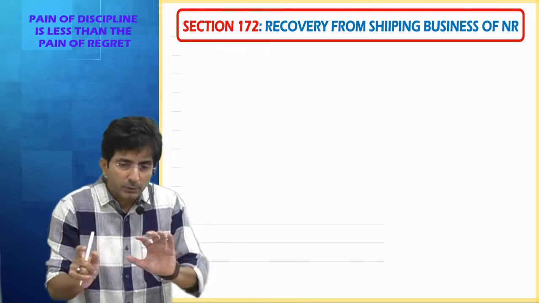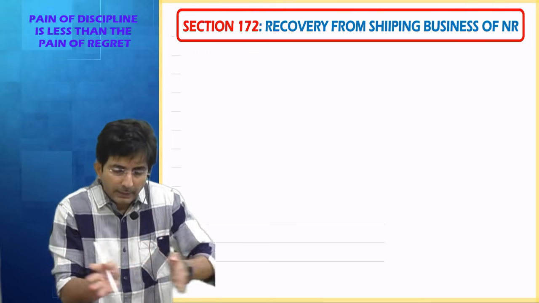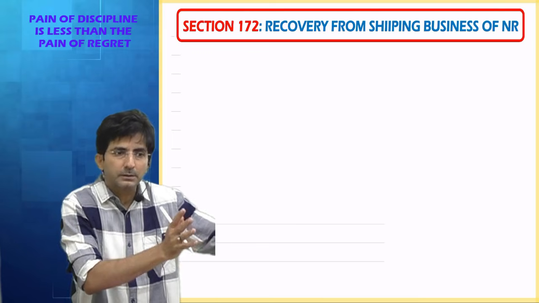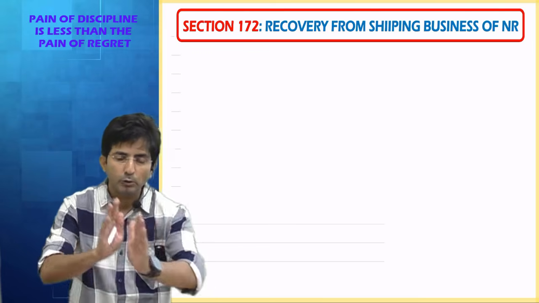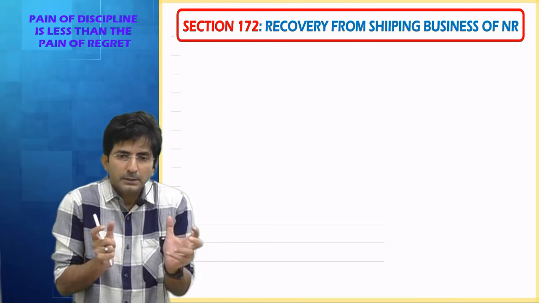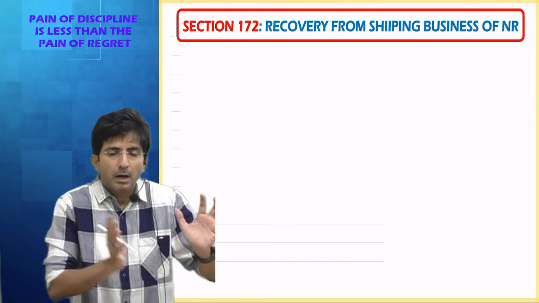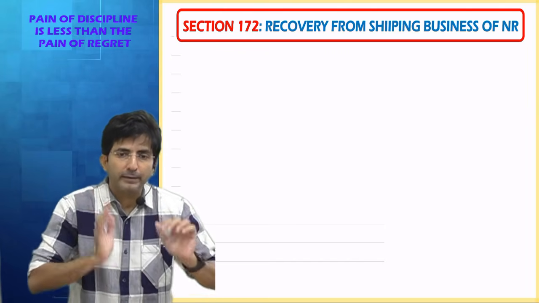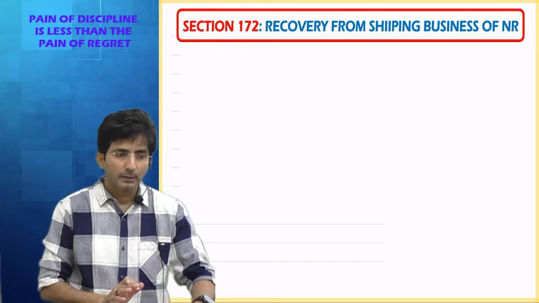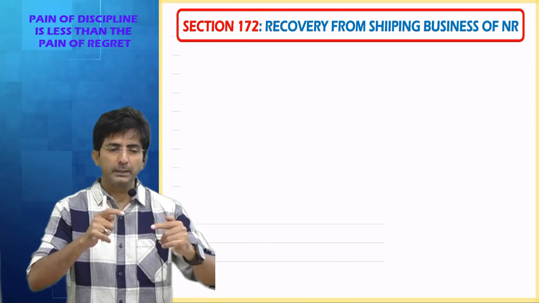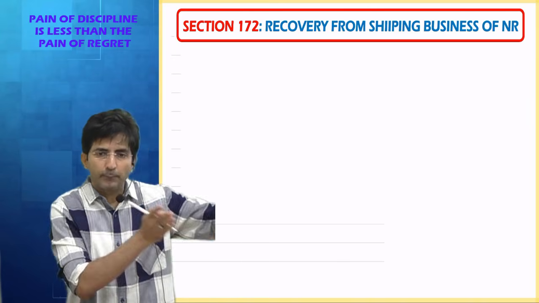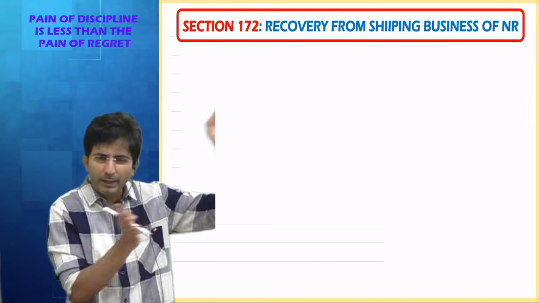Voyage means one journey. So if there are 3 departures, there are 3 voyages. So for each voyage, you have to file the return. And in this return, what you have to show? In one particular departure, how much booking you took in India. Like in the month of September, the ship departed from India. It went to Dubai, London, wherever.